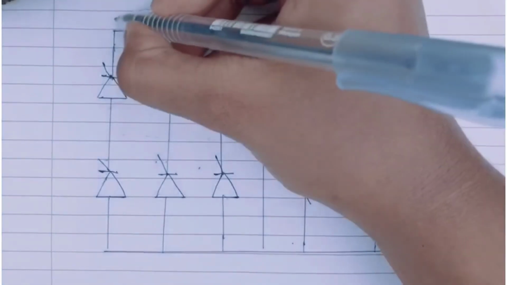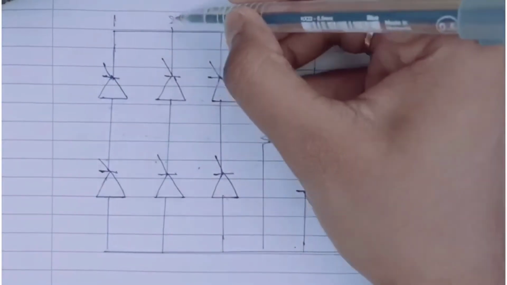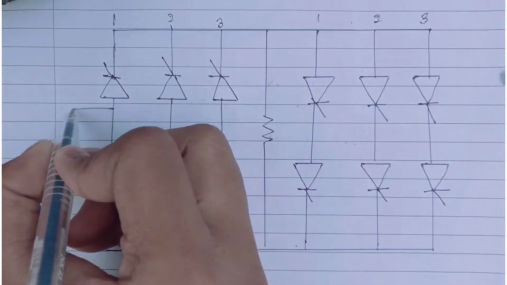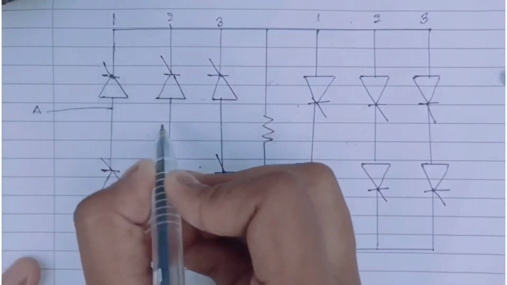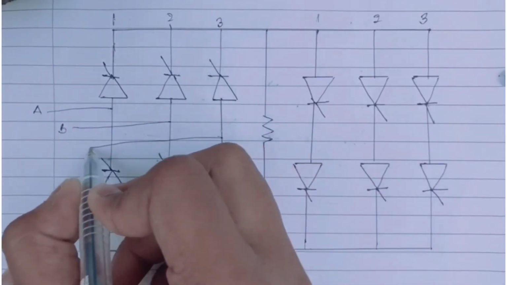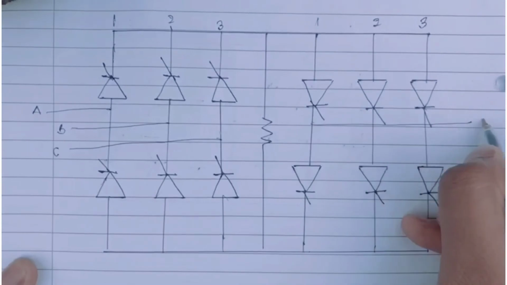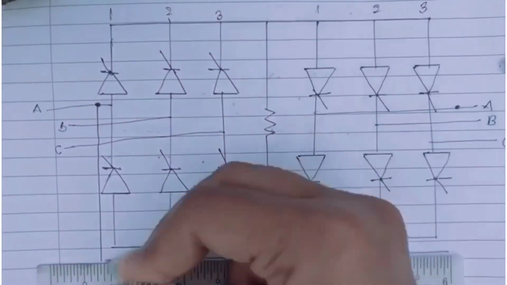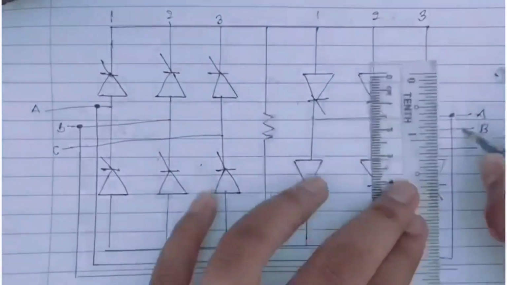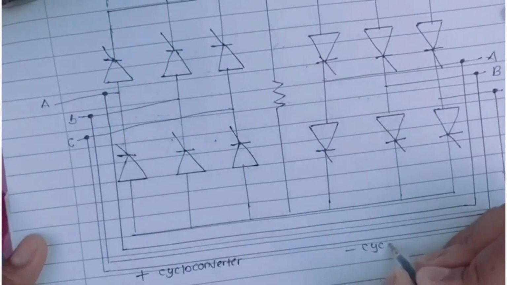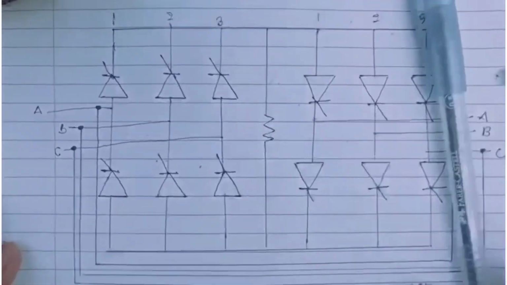Make sure you draw the load in the middle. Then label 1, 2, 3. Then make a line starting from 1, 2, 3 labelled A, B, C, and connect 1 to 1, 2 to 2, and 3 to 3. And done!